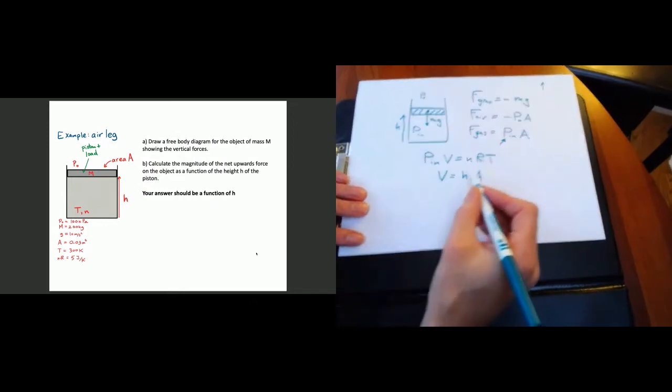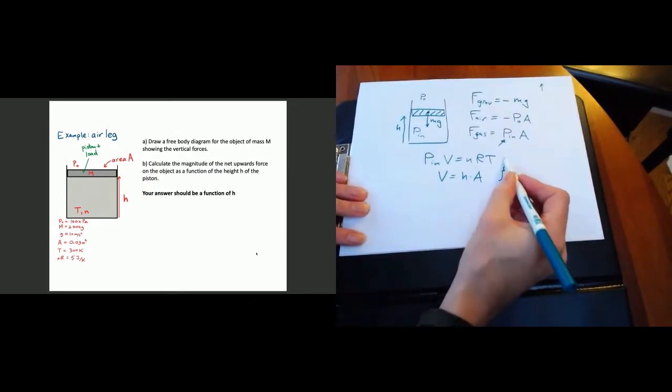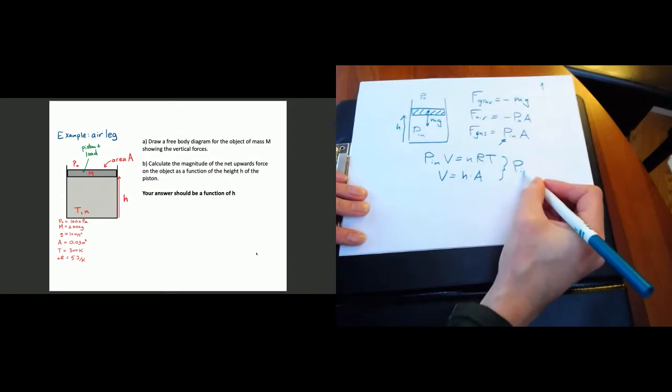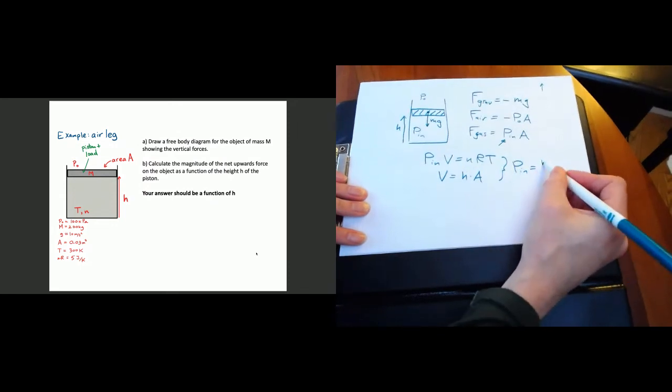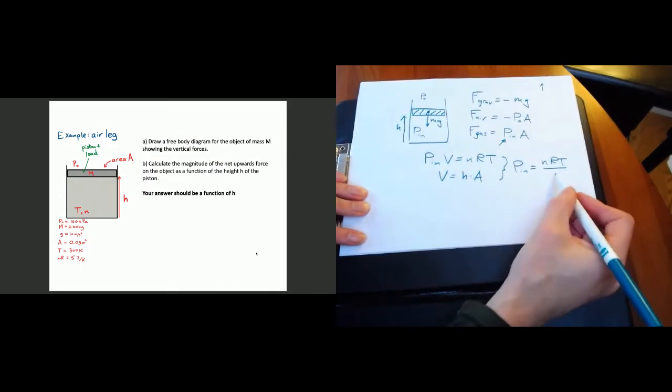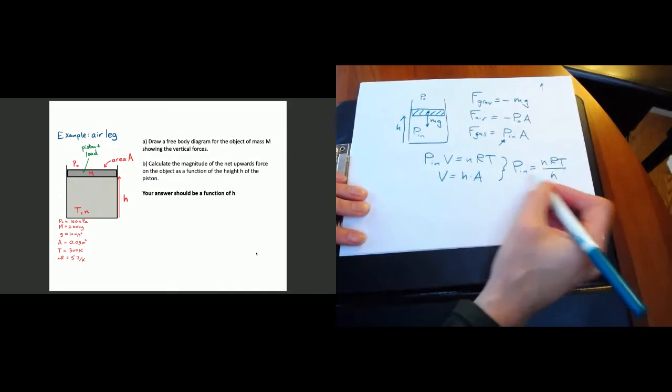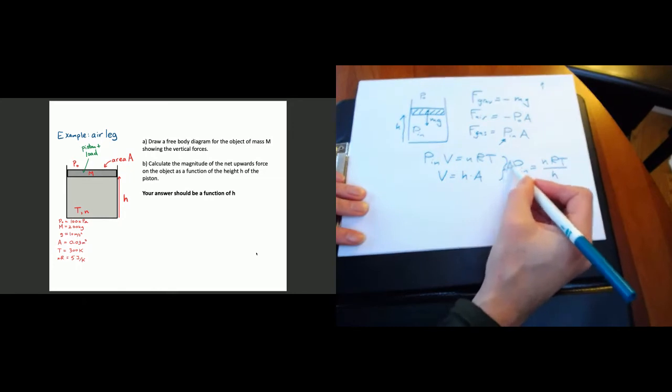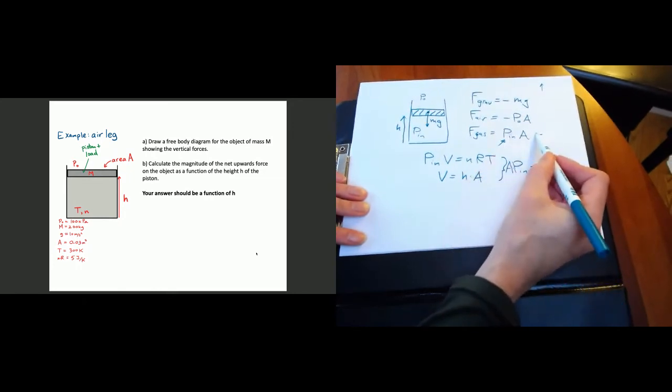And so combining these two, what we find is that P inside is nRT divided by, well, let me write P times A because that's what we wanted there.